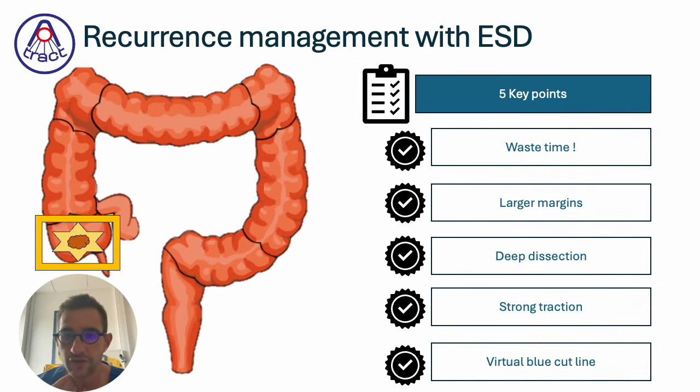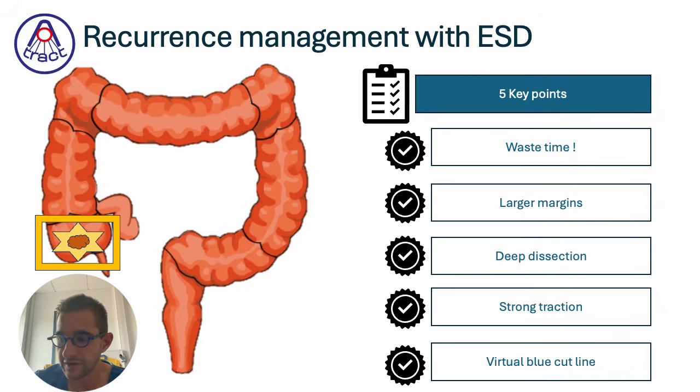So I will try to give you my main key points for the ESD for recurrences. 5 points are important for me. First, we should waste time, in fact, because the scarring process is long, and the softness of the tissue takes a lot of time.